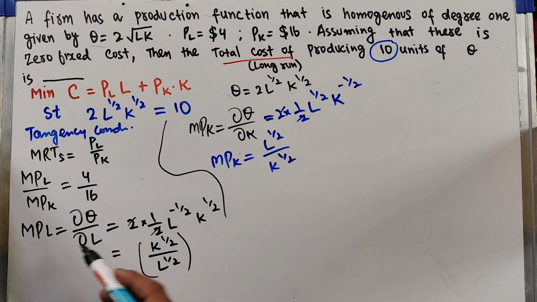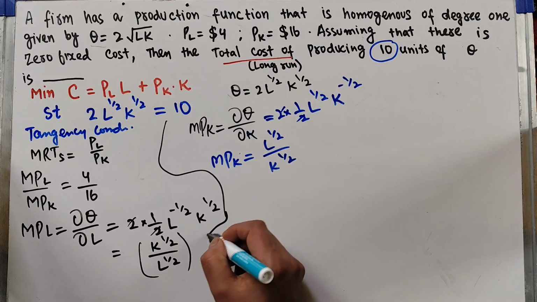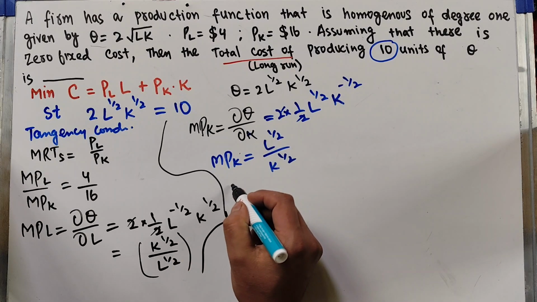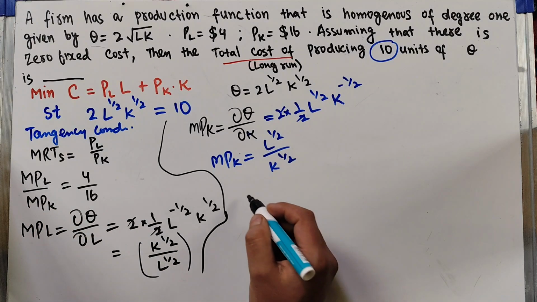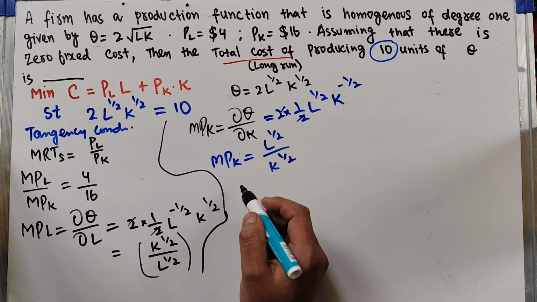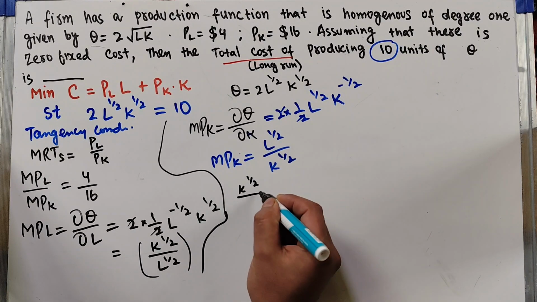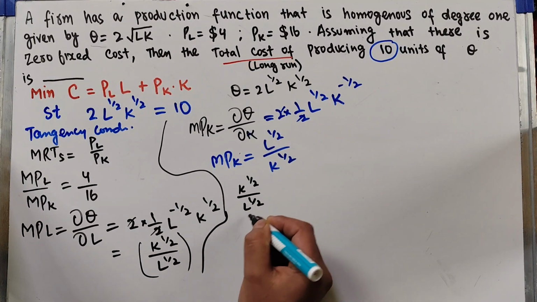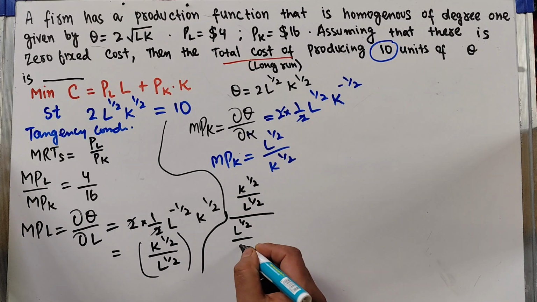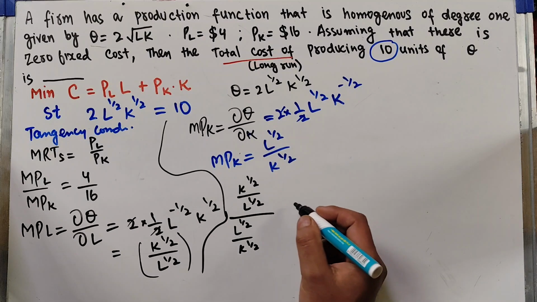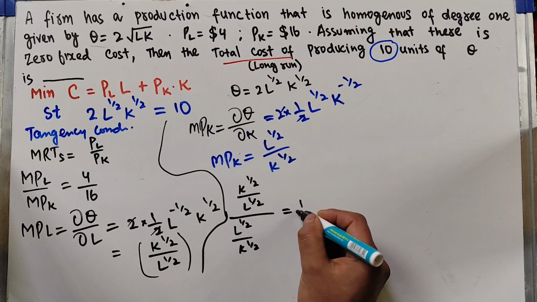So MRTS is equal to MPL upon MPK. MPL is K raised to the power 1 upon 2 divided by L raised to the power 1 upon 2. We divide it by MPK, that is L raised to the power 1 upon 2 divided by K raised to the power 1 upon 2. It should be equal to the price ratio. So 4 upon 16 is 1 upon 4.